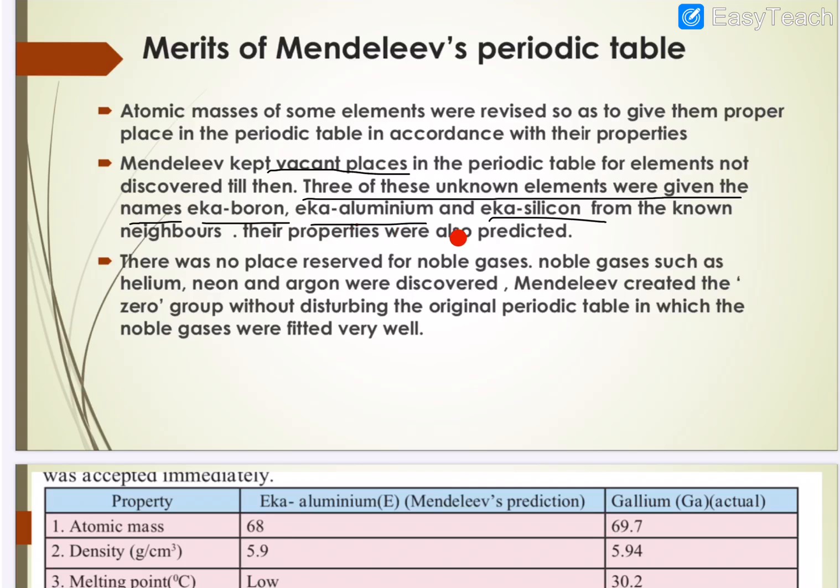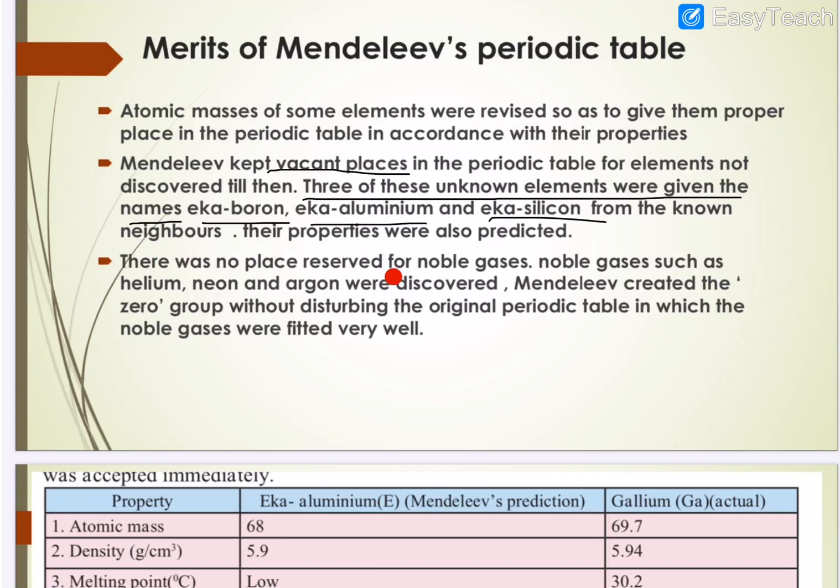And he also predicted the properties of those elements which will be found in the future. That is, he already gave the names to those elements which will be found by scientists in the future, and he also predicted the properties of those elements. So this is a merit of Mendeleev's periodic table.